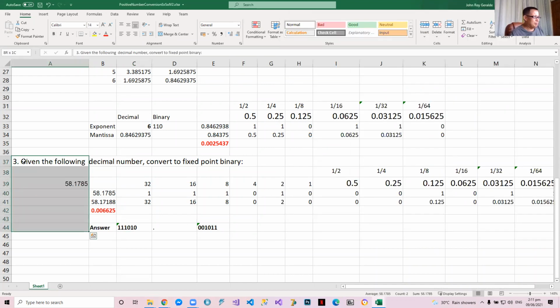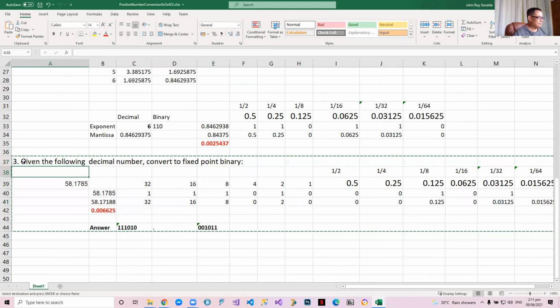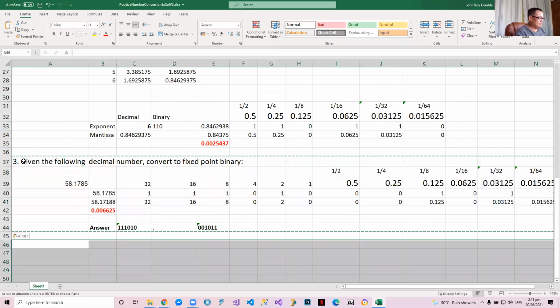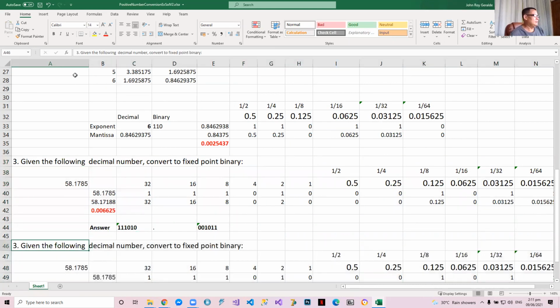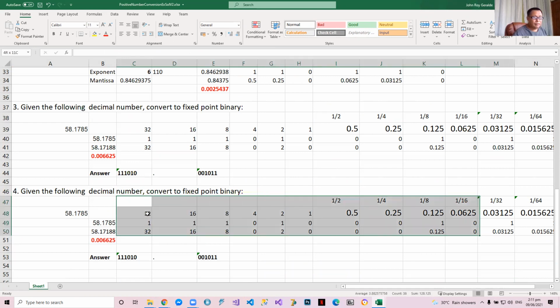We'll have to copy this, but we'll insert, because we need a 64.